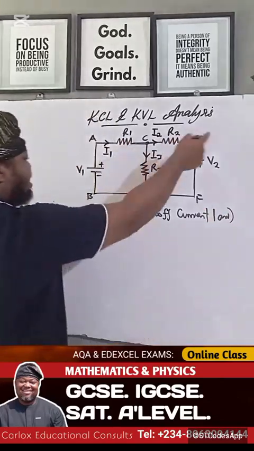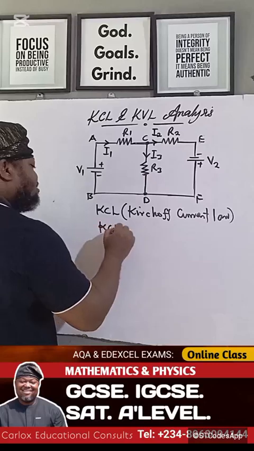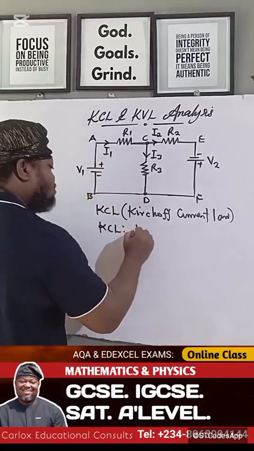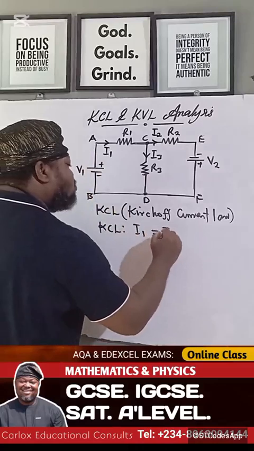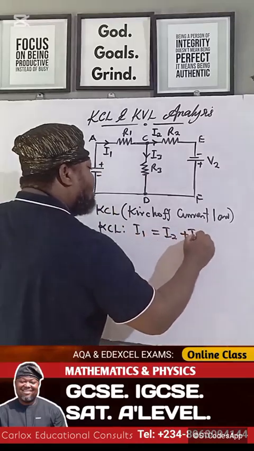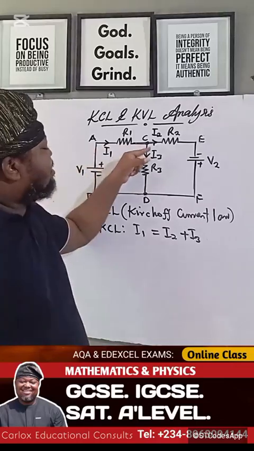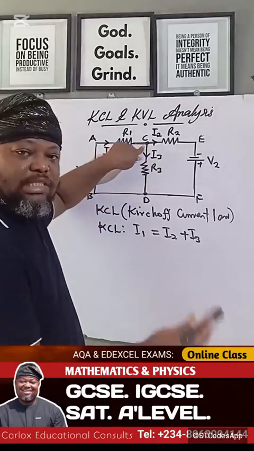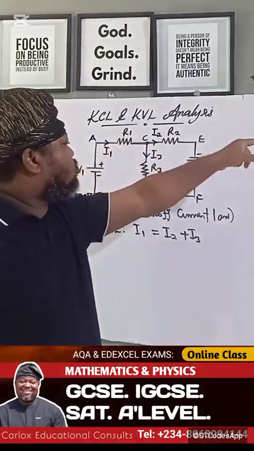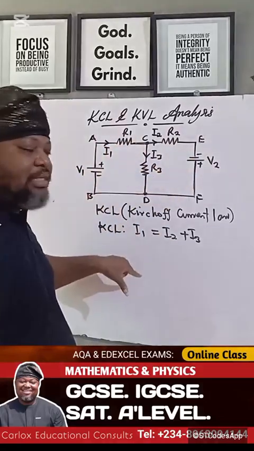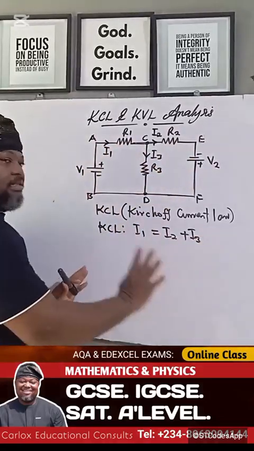So in this case, the KCL here is I1 equals I2 plus I3, based on their directions. I1 flows like this, and this junction here, or this node here, or this point here, is split into two, I2 and I3. See that now? So this is the KCL, the first equation.